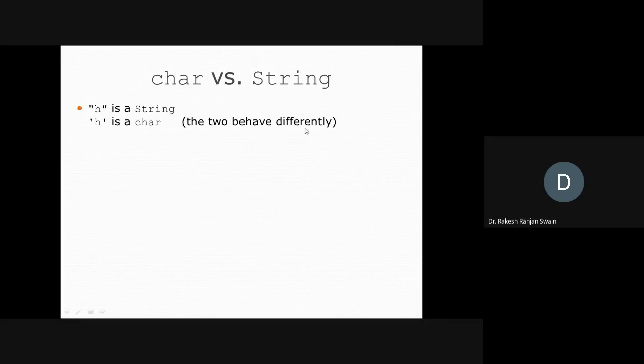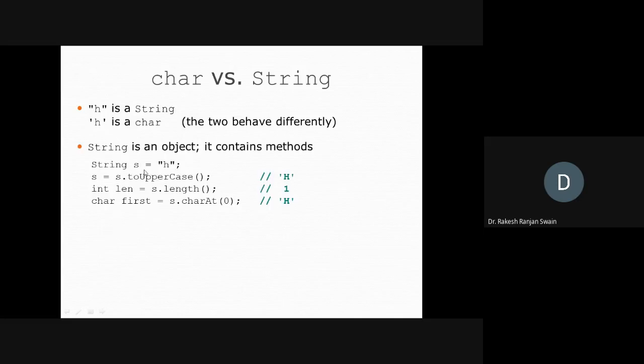So the two behave differently. Here the string is an object and it contains some methods, but a character has no methods, because a character is a primitive type. It is a basic data type. We can only declare it, assign it, and print it. We cannot use any methods here.